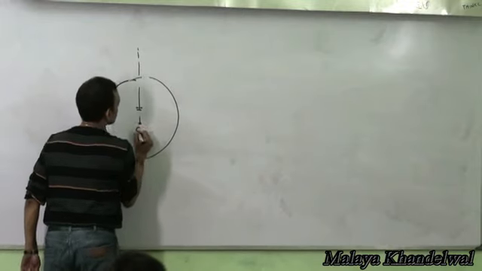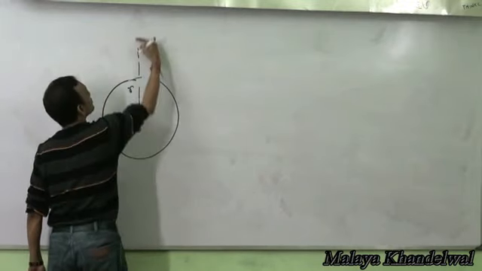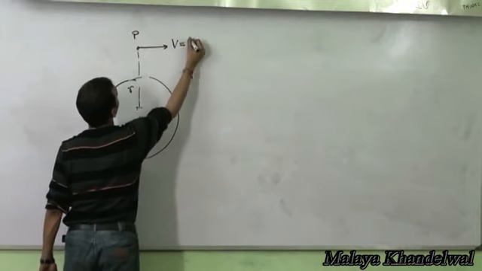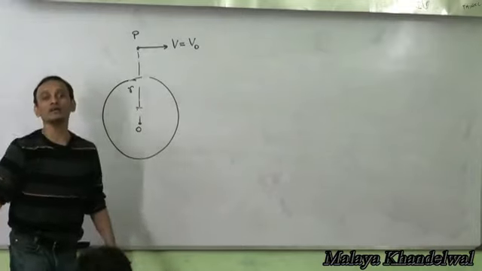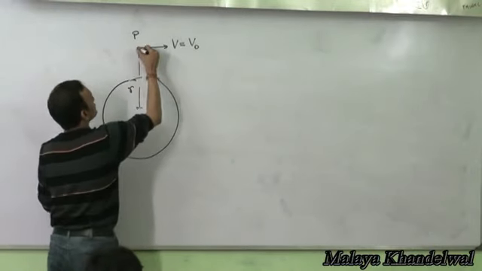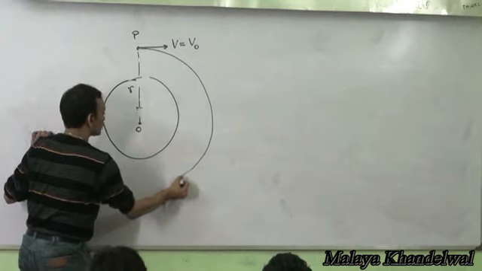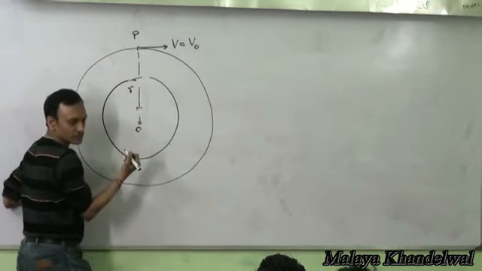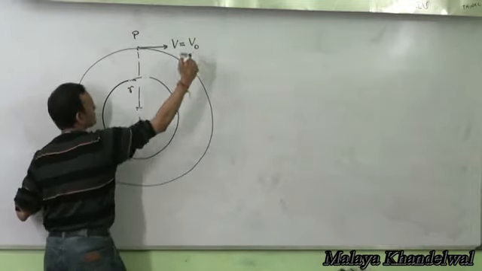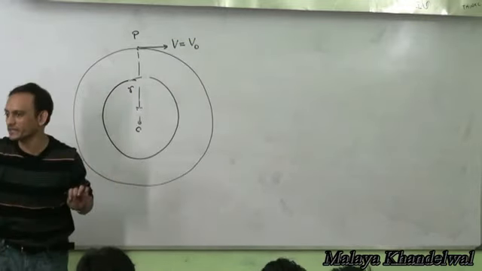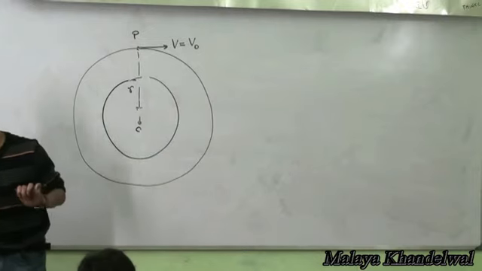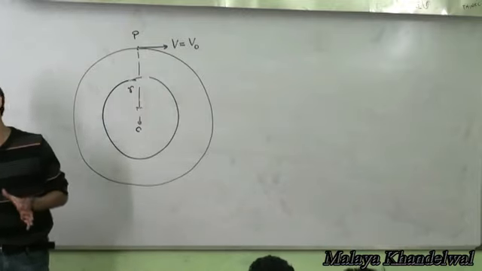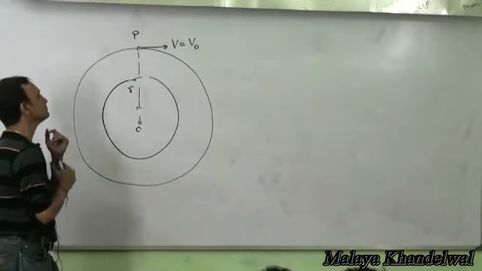At a distance small r from the center of the earth, if a particle was launched with a speed v equal to the orbital speed, it would have executed a circular orbit of radius small r centered at the center of the earth, right? That's what it would have done. If you gave it a speed equal to the orbital speed, it would have orbited in a circle of radius small r around the center of the earth. Here v naught is root GM by small r, right?